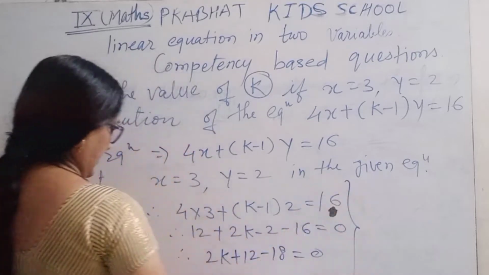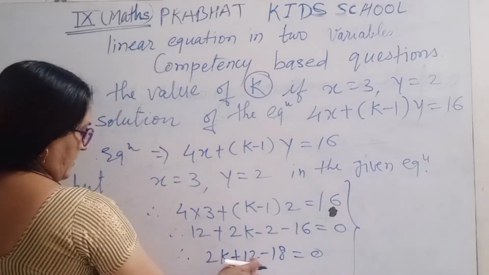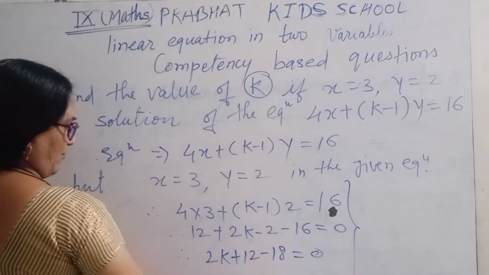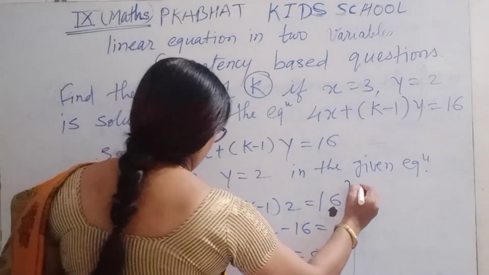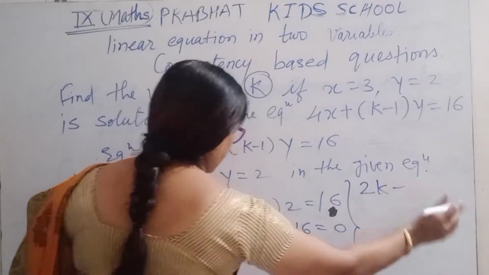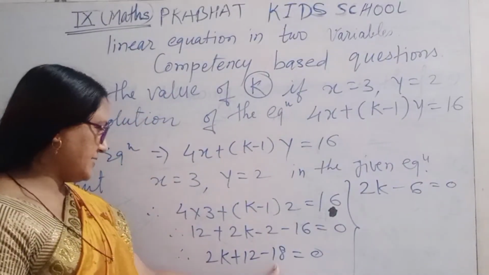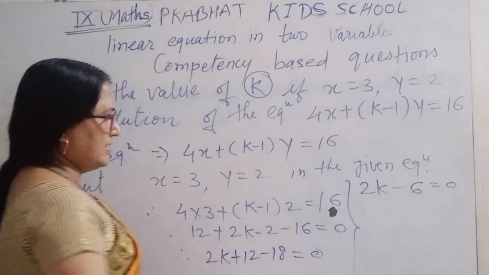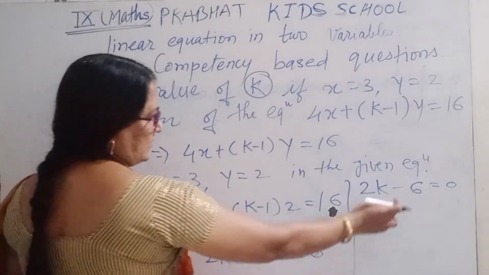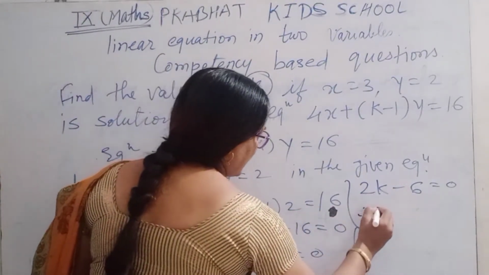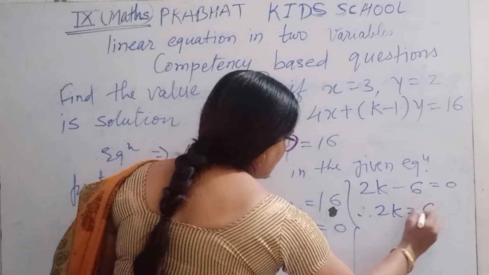Therefore, what is minus 18 plus 12? 2k minus 6 is equal to 0. 18 minus 12 is 6. The greater number is negative, that is why put the minus sign. Therefore 2k is equal to 6.